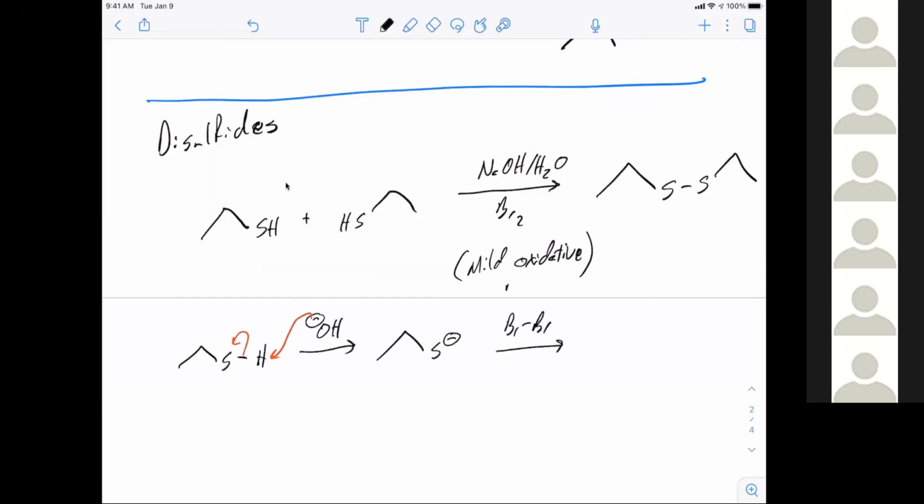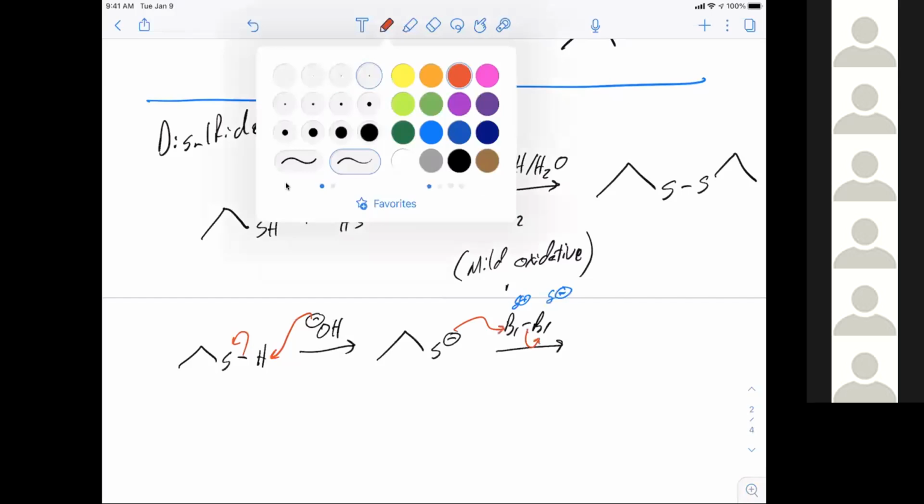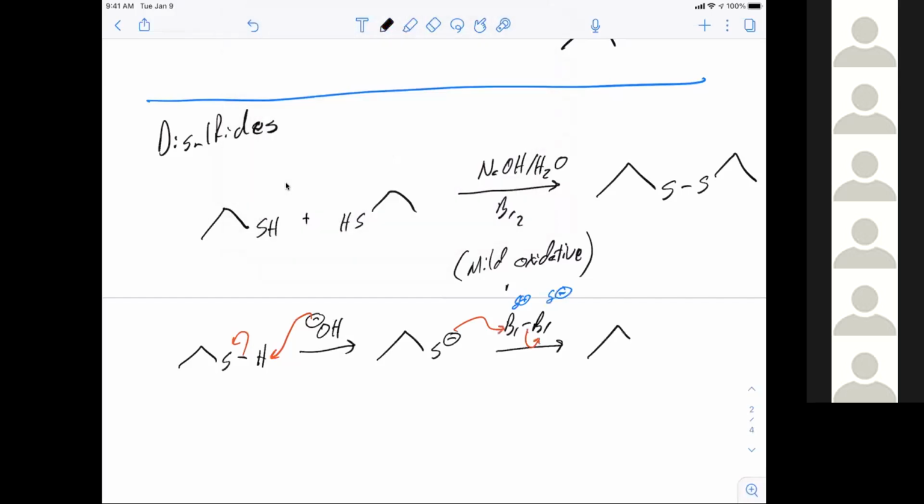Remember that the bromine could be partially positive, partially negative by an instantaneous dipole. So the negative comes in, reacts with the bromine, ending with the bromide here.